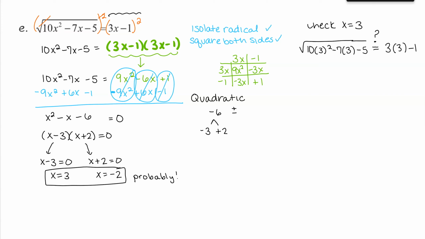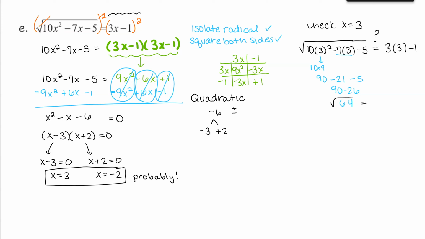So let's do this math. 3 squared is 9. So I have 10 times 9, that makes 90. Minus 7 times 3, so minus 21, minus 5. So let's see, what does that make? 90 minus 26, which should be 64. So the left-hand side became the square root of 64.